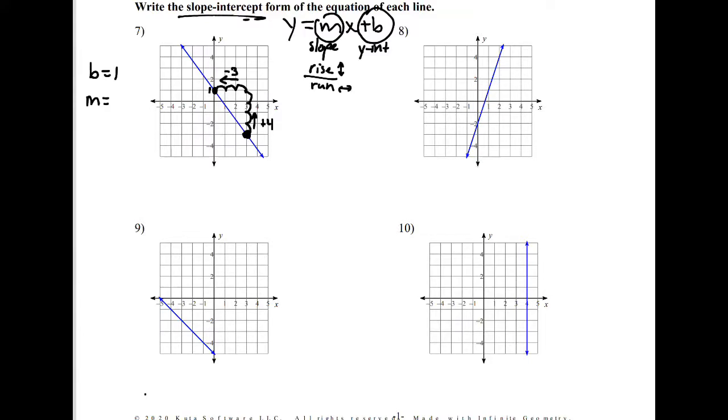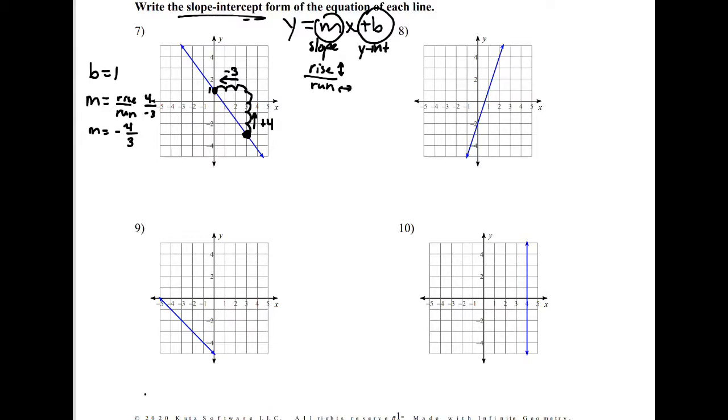So our slope, if we do our rise over our run, is positive 4 over negative 3. So our slope is negative 4/3. Now the negative, some people say, where does the negative go? Does it go on both? It's just a negative fraction altogether, because a positive divided by a negative is a negative. So it's just a negative 4/3.